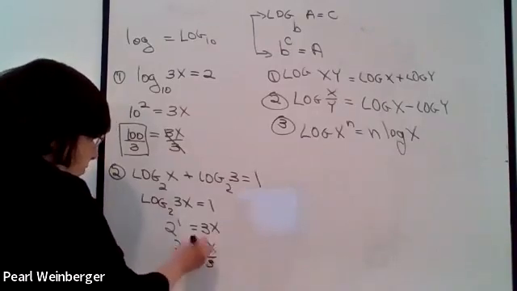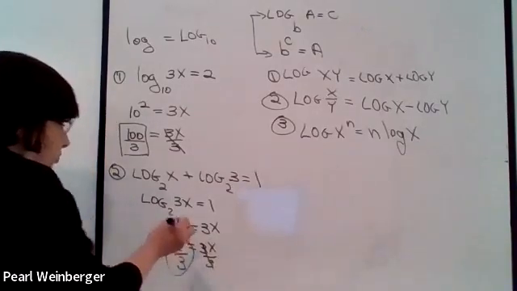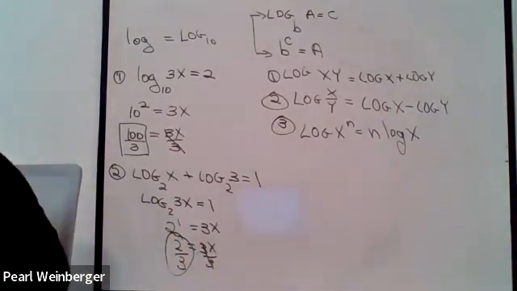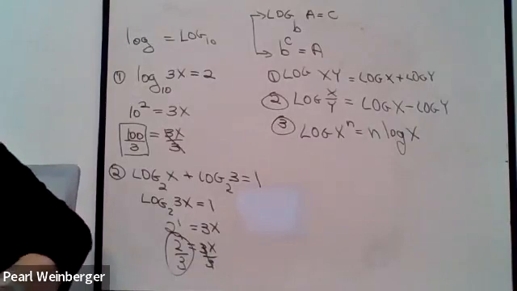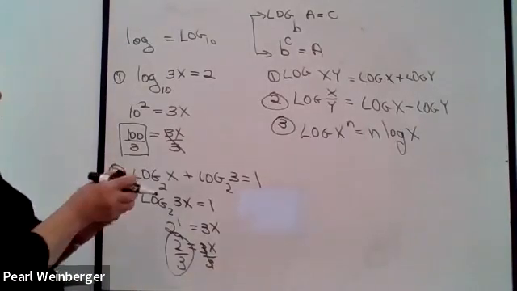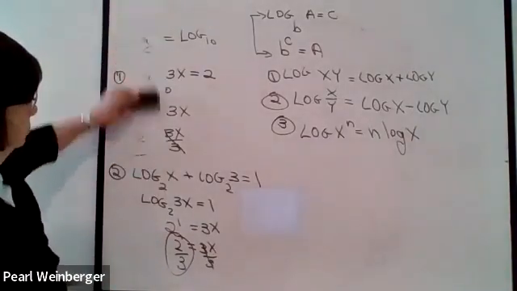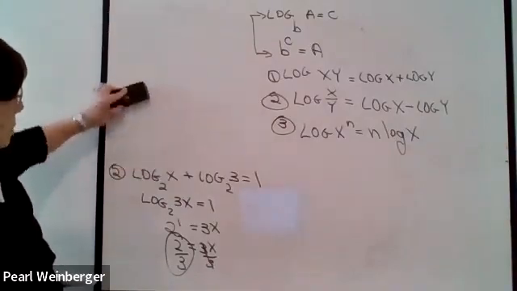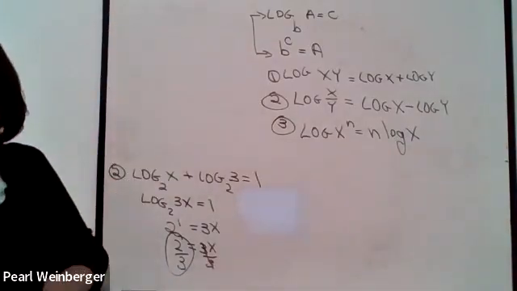And therefore, my answer for x is 2/3. Let's try another example. I'm going to do one more with you, and then I'm going to give you a couple to try on your own.